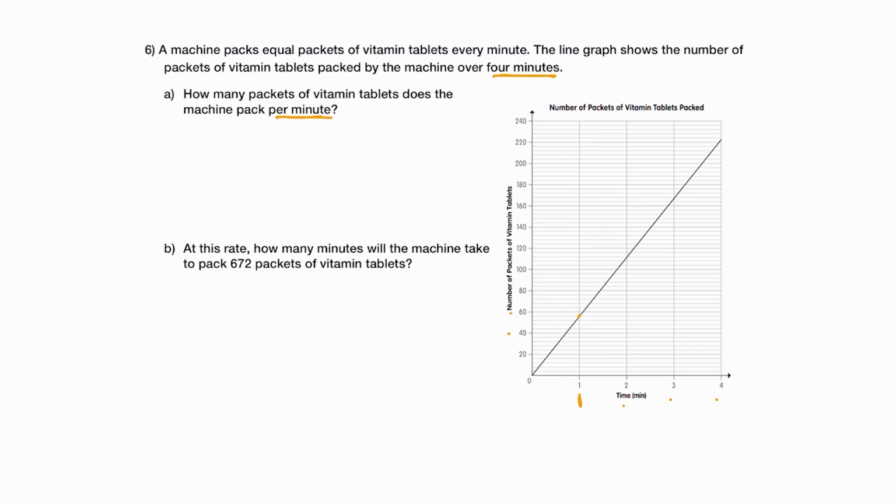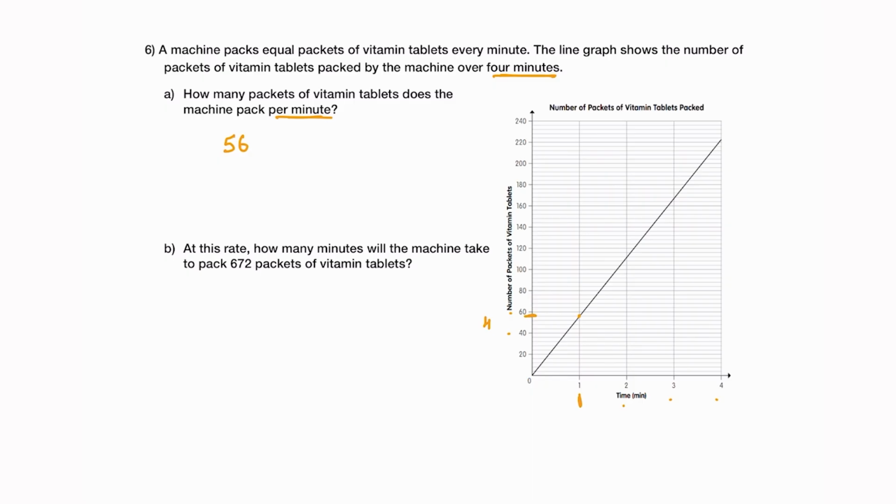This is 40 and that's 60, and between them they have 1, 2, 3, 4, 5 lines, which means each line represents 4 units, right? So this is the fourth one. So that's 16, right? 4, 4, 4, 4, or 4 times 4, 16. So 40 plus 16. So it's basically 56 packets of vitamin tablets it packs.